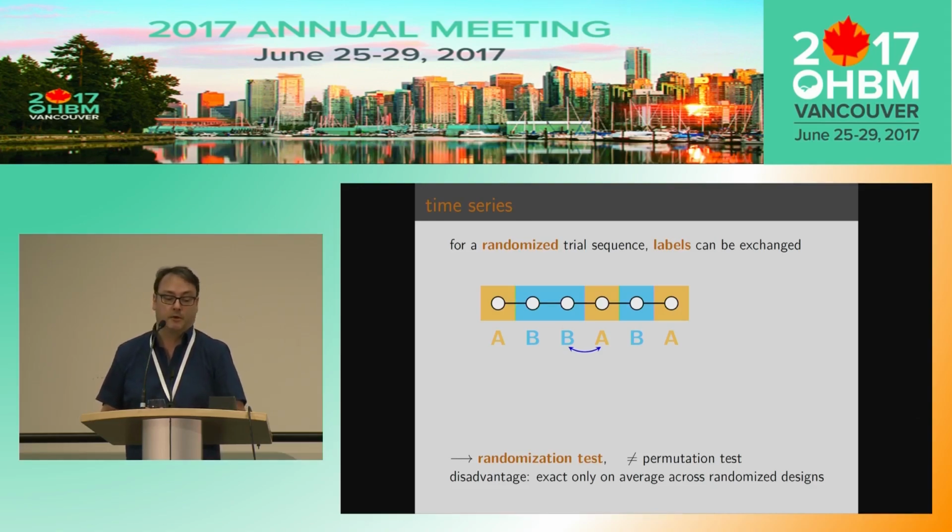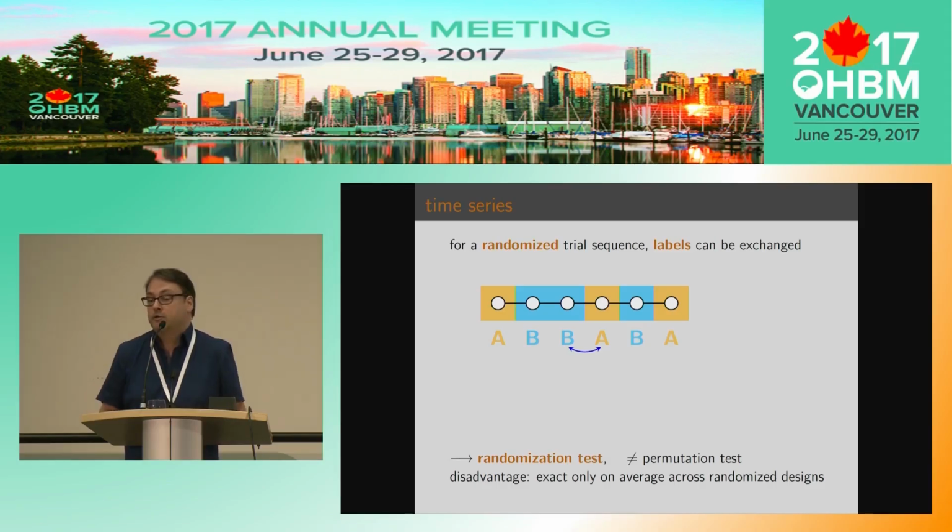You know that B and A could have been A and B in a different randomization of the design, so you can exchange this. This rationalization leads to the so-called randomization test. As I said, it's not a permutation test because it's not about exchangeability of data, but it's about exchangeability of labels. We randomize the labels, therefore we have exchangeability in the labels. We do not have exchangeability in the data.